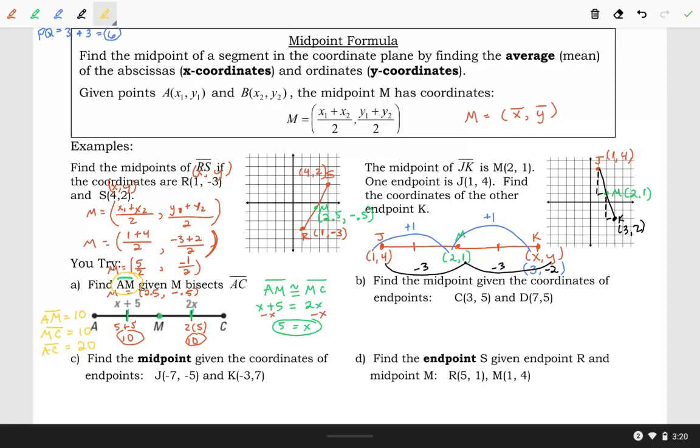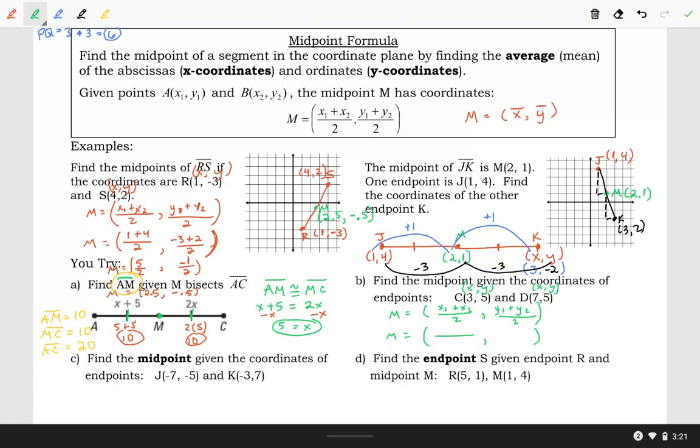Okay, we want to find the midpoints given the coordinates of the endpoints. So we just use our formula. Our formula says that we average our x's, then we average our y's.